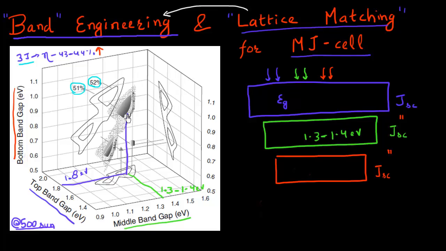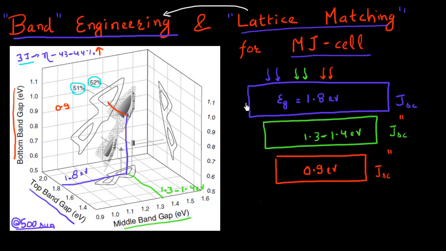And similarly, for the lowest band gap material, this bottom material, if I project it over here, it suggests that its band gap should be close to 0.9 electron volt. So if I do engineer these different materials such that I choose the optimum band gaps, then I can get efficiencies which are very high.